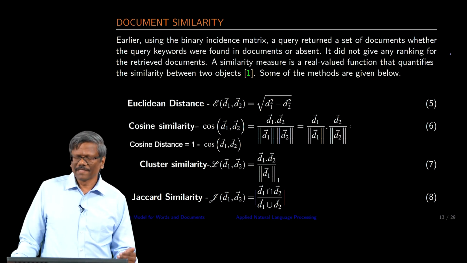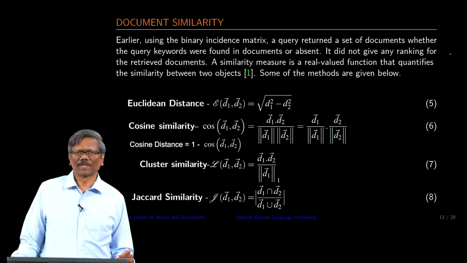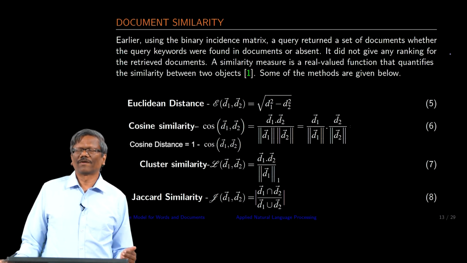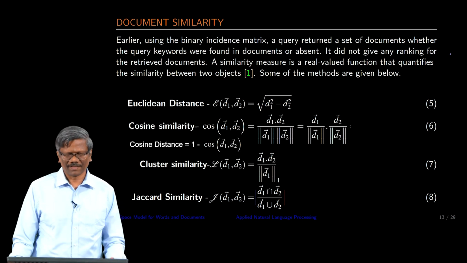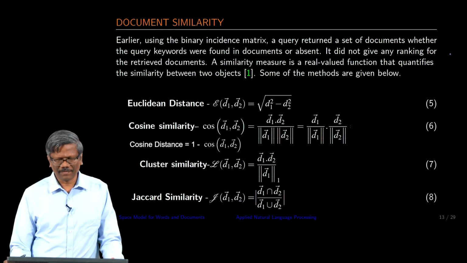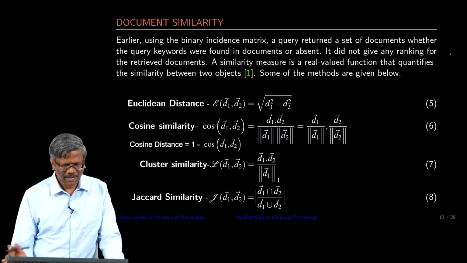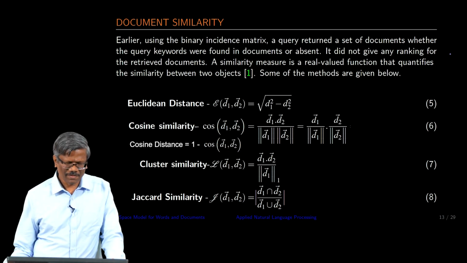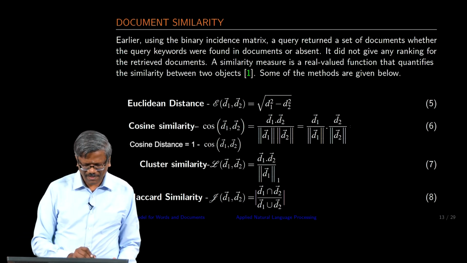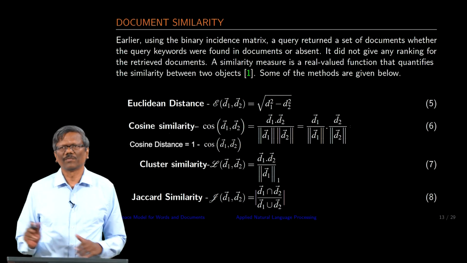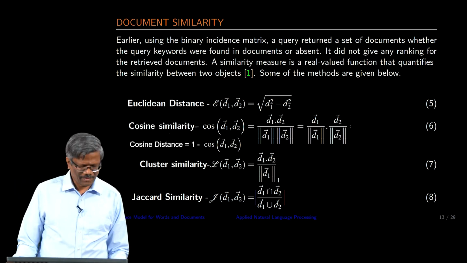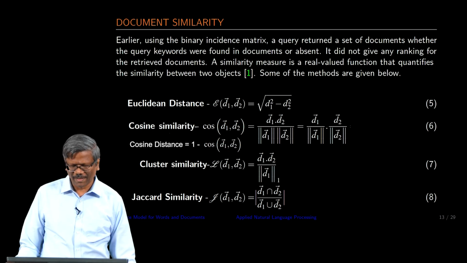In the case of the binary incidence matrix, it is not possible to get that rank, so you have to assume that all documents have the same rank, but in reality we would like to have a rank for all of those documents. So, we are going to use measures like Euclidean distance, cosine distance, cluster similarity and Jaccard similarity. I would be using cosine similarity for the sake of showing some demo and so on.